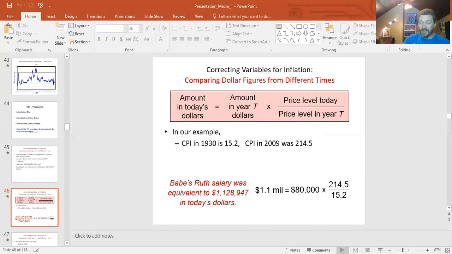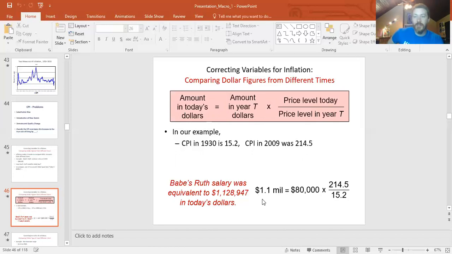You can see prices have really gone up. The overall level of prices in the economy has gone up from 15 to 215. That's a lot of inflation over the last 90 years, of course. But do that calculation, and you find that Babe Ruth's 1930 salary expressed in today's dollars comes to about 1.1 million. Does that make sense?